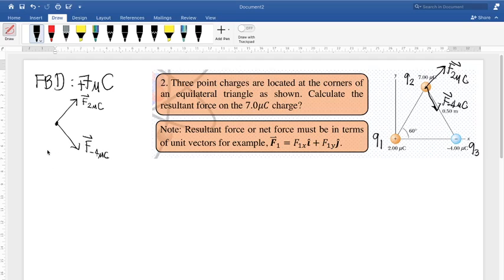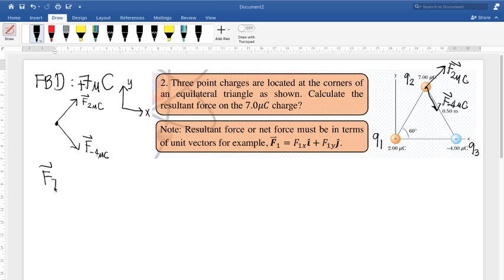Now just like what we did in sample problem number 1, we have to define some axes where y is the vertical axis and x is the horizontal axis. To find the net force on the 7 microcoulomb charge using the superposition principle, we just have to sum all of them.